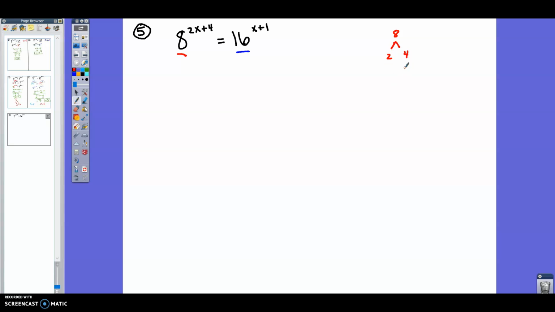Well, 2 is a prime number, so we're done there. 4 we can break down to 2 times 2. So 8 is the same thing as 2 to the third power. So that's what I'm going to rewrite 8 as. 2 to the third. And then we got to still keep that 2x plus 4 power.